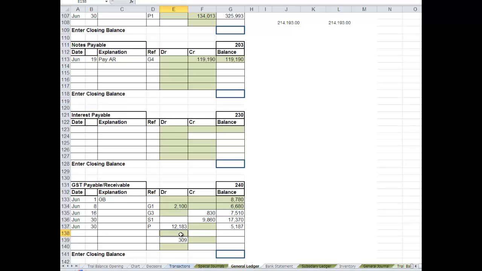Why I'm on one transaction out. Now I could have got over that by, I think this is right in your books, because you've got that extra line in here.